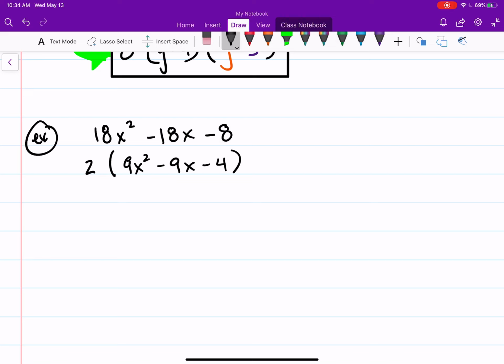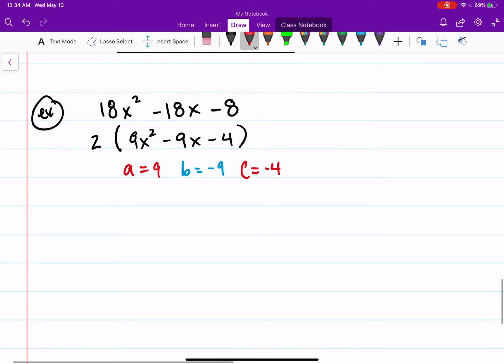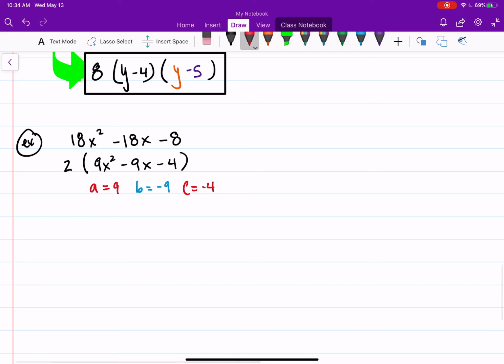So now my A is equal to 9, my B is equal to negative 9, and my C is equal to negative 4. All right, so again, GCF is done. Now I got A times C, and that's equal to 9 times negative 4, so that gives me negative 36.